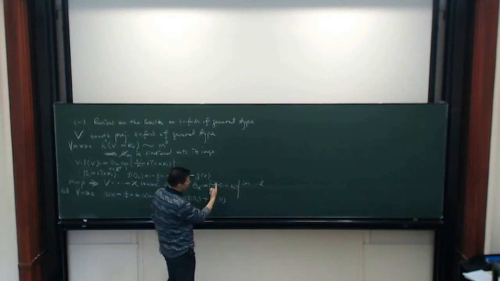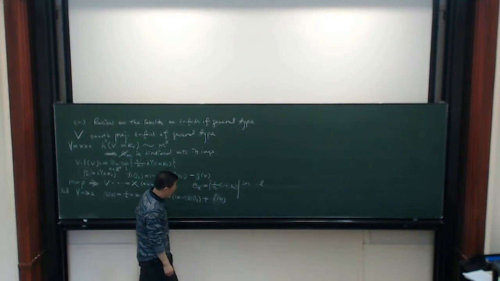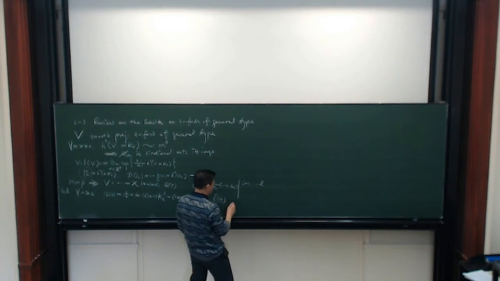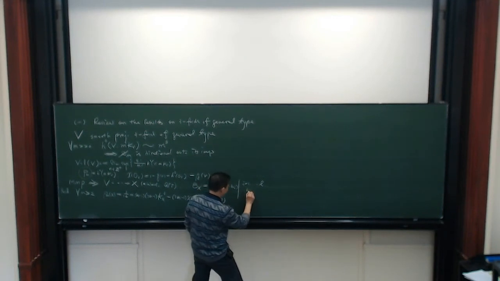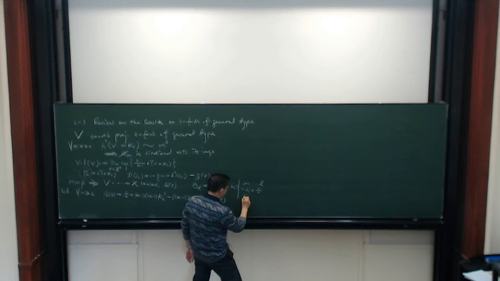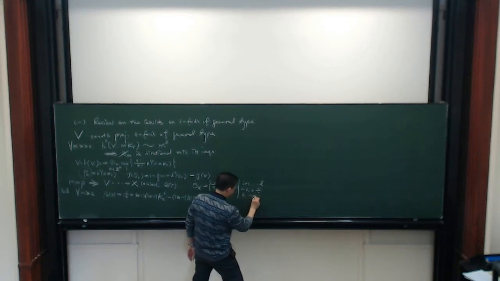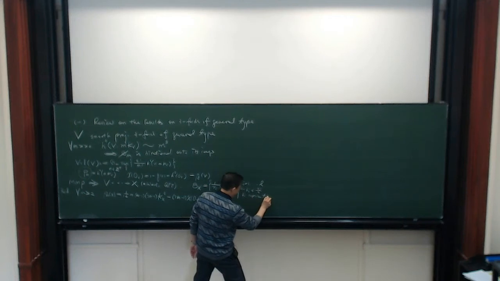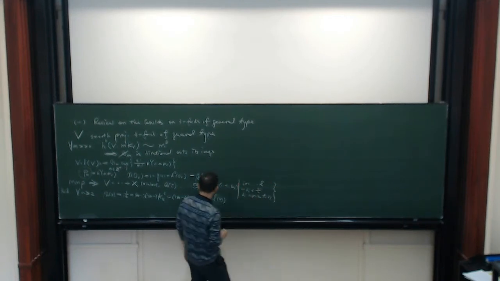Here b_i is positive, of course can be 2, and b_i is coprime to r_i.